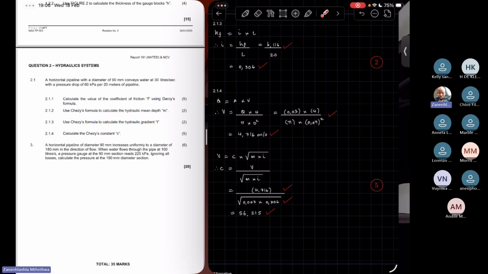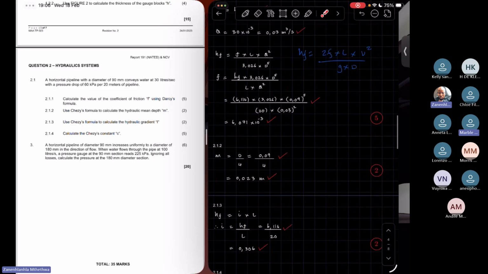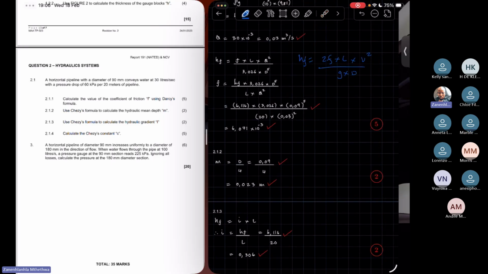So you calculated the area on its own and then substituted in the formula Q is equal to. And then you said F is equal to HF times G times D divided by 2 times L times V squared. Is this what you did?